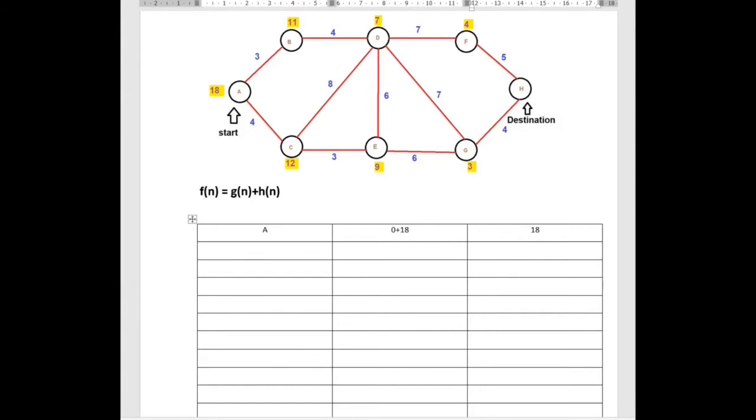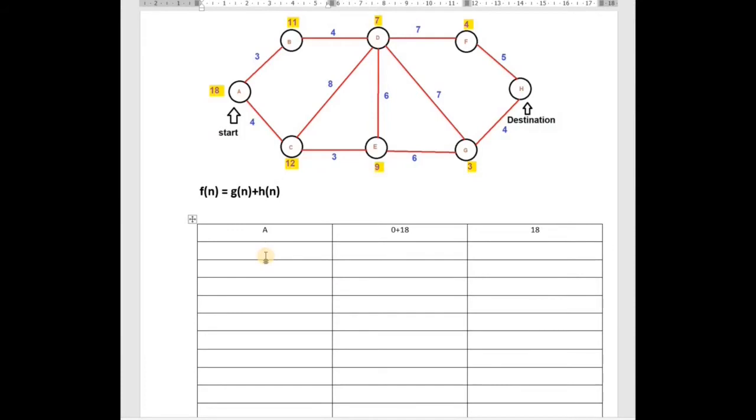From A, you can go to B with the cost of 3 and to C with the cost of 4. So first I will calculate the value for B. Now we will see the cost of reaching B and from B to the destination.